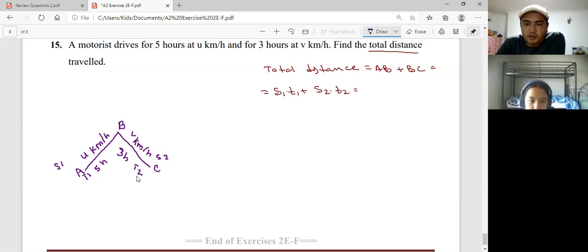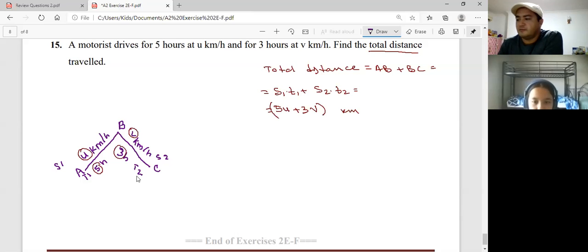Now we know what S1 is, right? Here it is U kilometers per hour. And T1 is 5. So that is 5U plus, how about S2? It is V. And how about time? 3. So that is 3V. And just put here in parentheses kilometers.